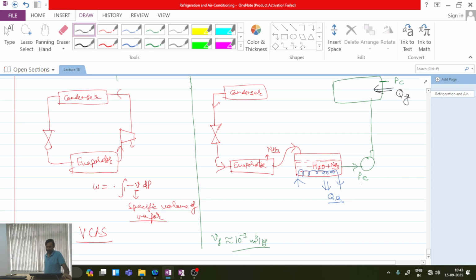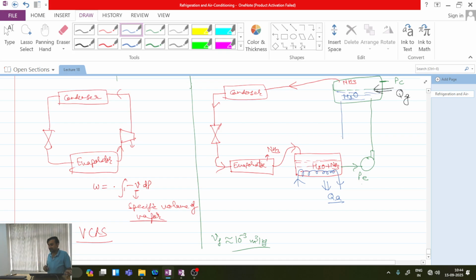Upon addition of heat, ammonia vapor from the top will escape, which we can pass through the condenser, and at the bottom I will have a water-rich mixture with a small amount of ammonia, and this water I will take out.